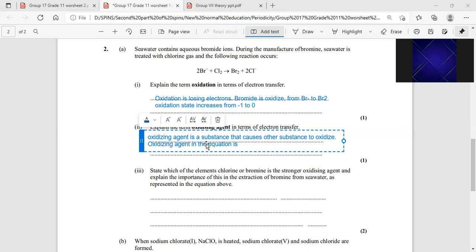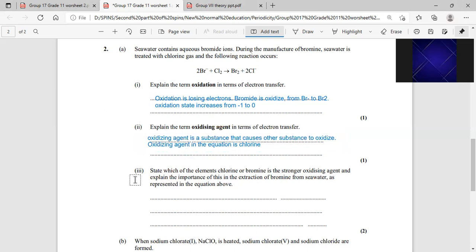Oh, there is an answer in the chat box. But Clarence has not answered. Hello, Clarence. Okay, Jeremy already answered. It is the chlorine. Okay.